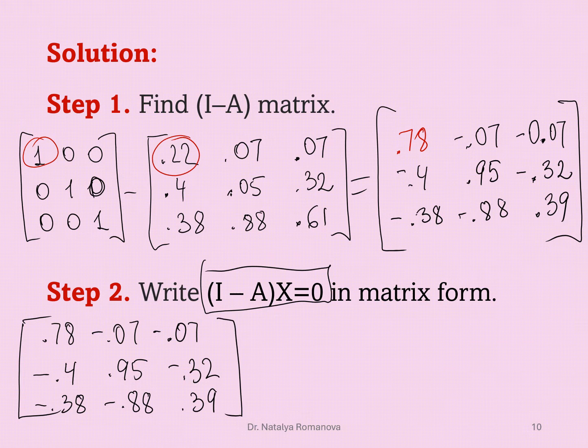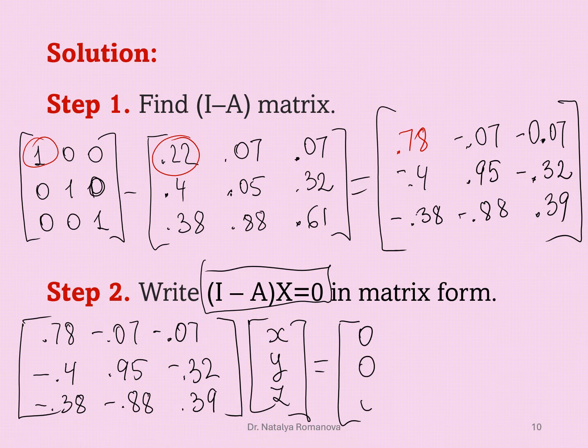It is a matrix times the variable matrix x, y, z. Our variable matrix has three variables, equals the 0 matrix 0, 0, 0.